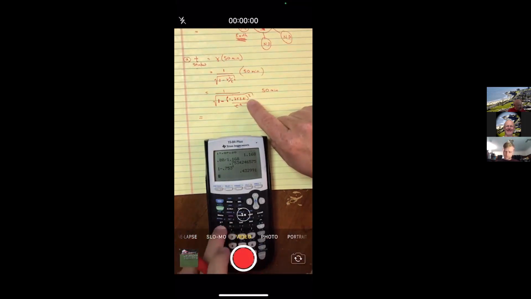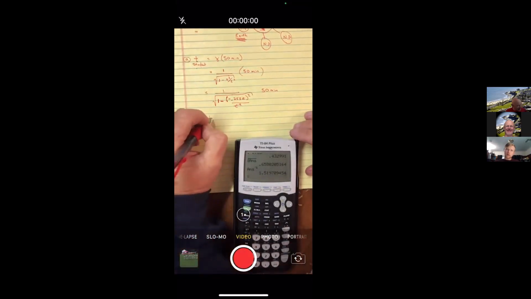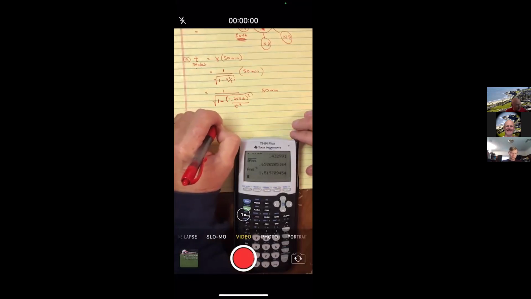Then I take the square root of that, and then the reciprocal of that. So it looks like my gamma factor is about 1.52.